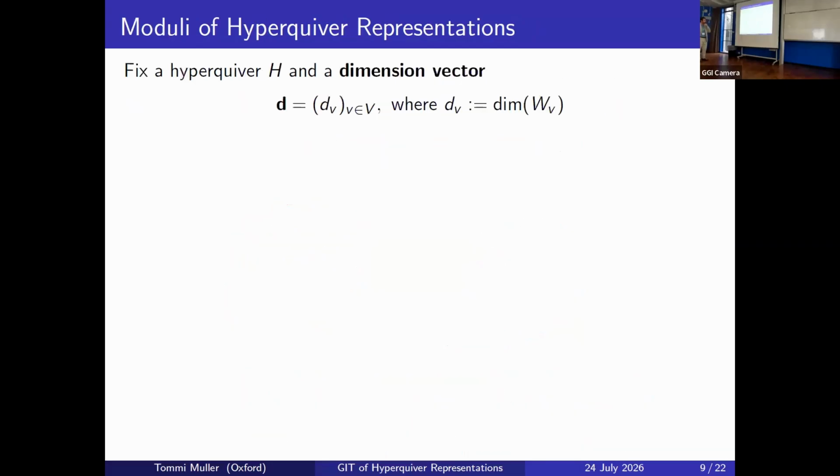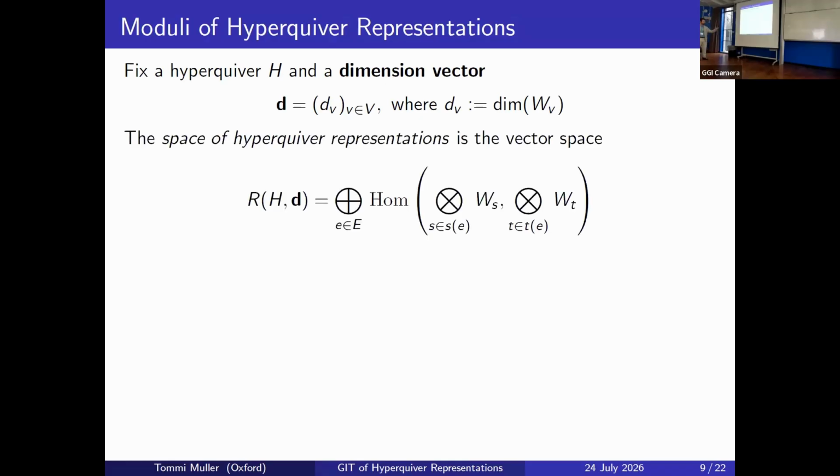And so the setup of our problem is we have a hyperquiver, we have a dimension vector, which is just the dimension of all the states on vertices. And this is our space of hyperquiver representations. So we assign to every edge one such multilinear map from the source to the target.